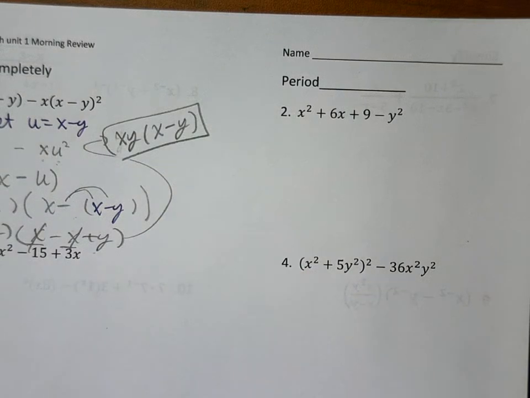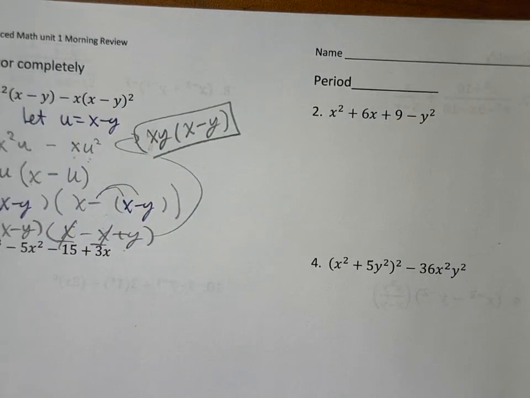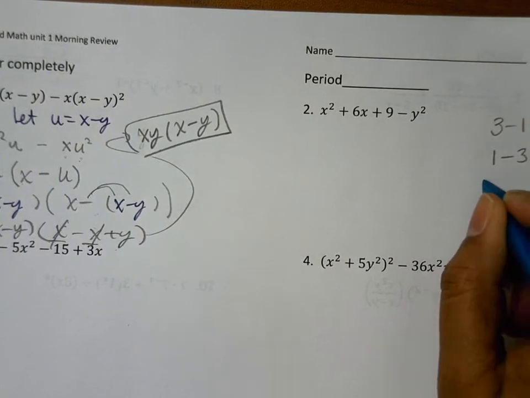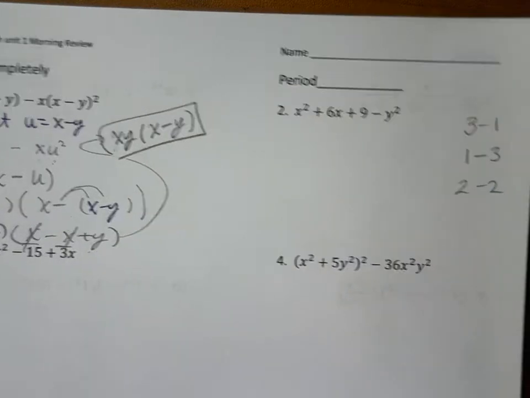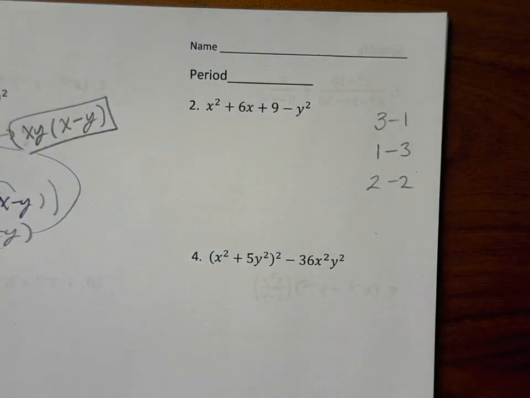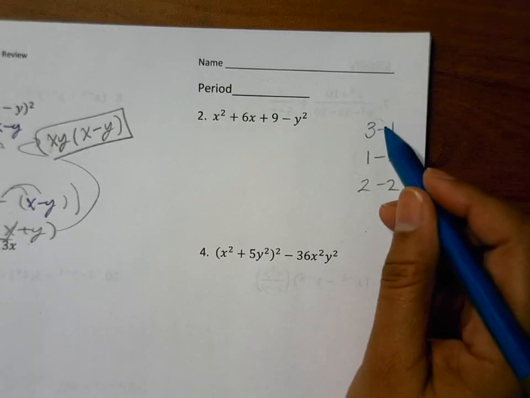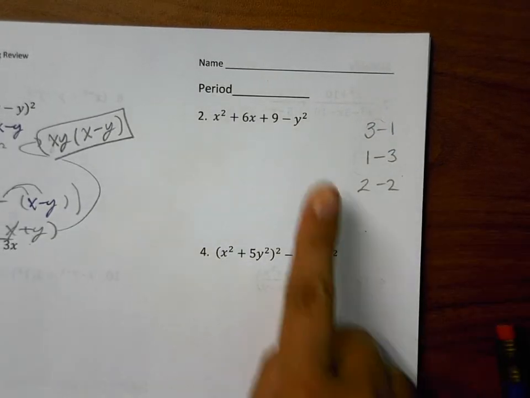How many terms? 4. Does anybody remember 4 terms is factored by grouping? It's either a 3-1, a 1-3, or a 2-2. Does anybody remember which one I suggested you look for first? Either one of these.